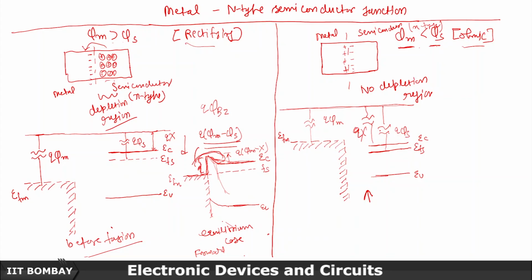Okay, so if I just draw it here, this is EFM, so this level will shift here, EFS, and here there is no depletion region. If I say this is the depletion region here, this region is the depletion region where we have these bendings.